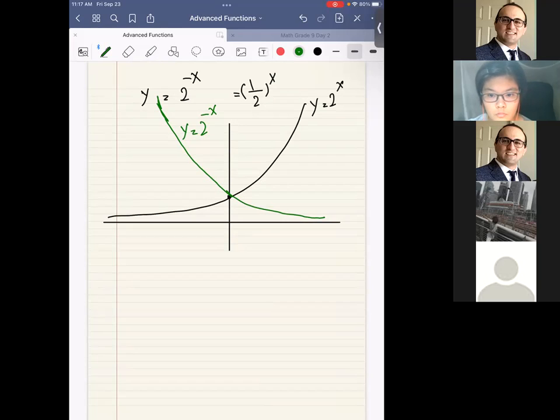Why is it decreasing? Because when you take powers of a number less than 1, it's getting smaller, right? So for instance, look at 1/2. If x is 1, 2, 3, 4, what are the powers of 1/2?